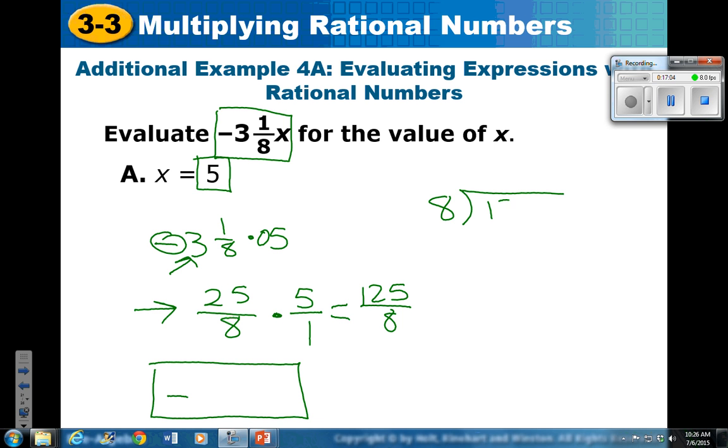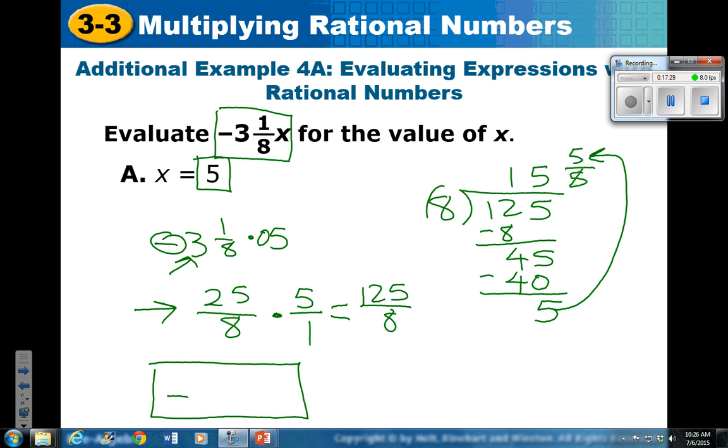We probably don't know that, so we'll have to work a long division problem. 8 goes into 45 5 times, and we get 5 left over, so that's 15 and 5/8. That goes there, and that goes there. Negative 15 and 5/8. 5/8 cannot be further simplified, so that's our answer.